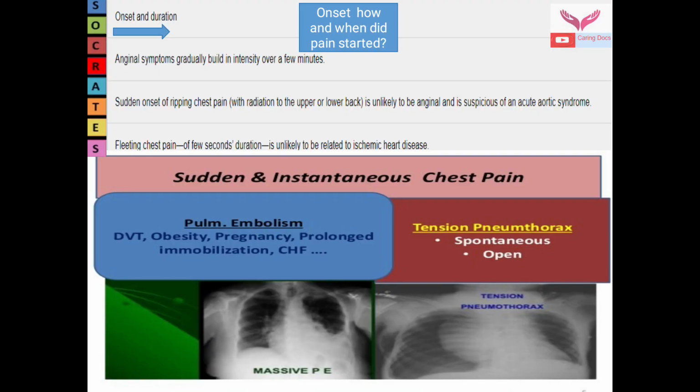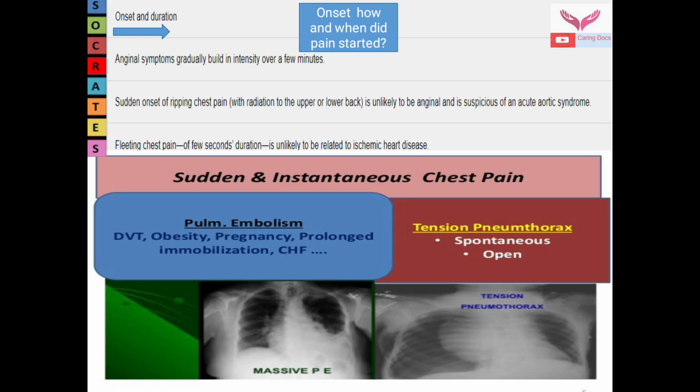Next is the O, the onset: how and when did the pain start. Whether the patient has anginal symptoms developing gradually over a few minutes, or a sudden onset of ripping chest pain with radiation to the upper arm or the back, lower back.